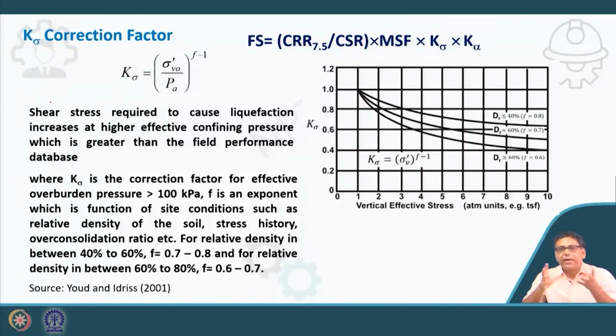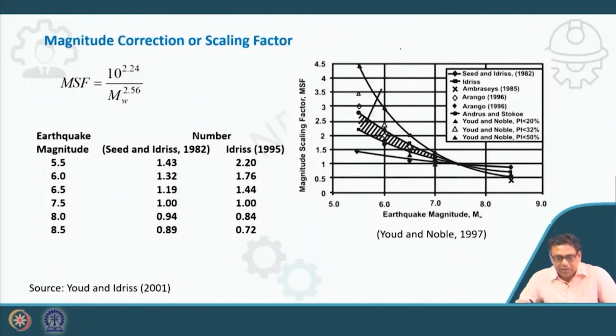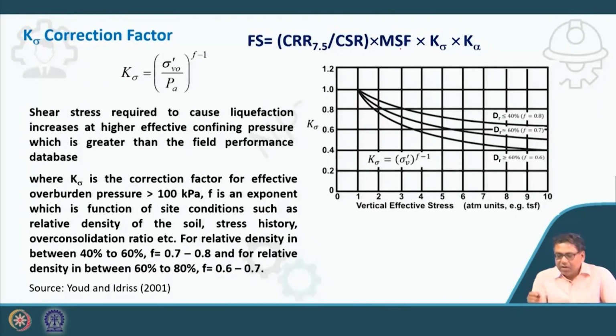Now if the moment magnitude has a different value, maybe more than 7.5, maybe less than 7.5, then we have to apply a correction factor. That is called the magnitude scaling factor, MSF.